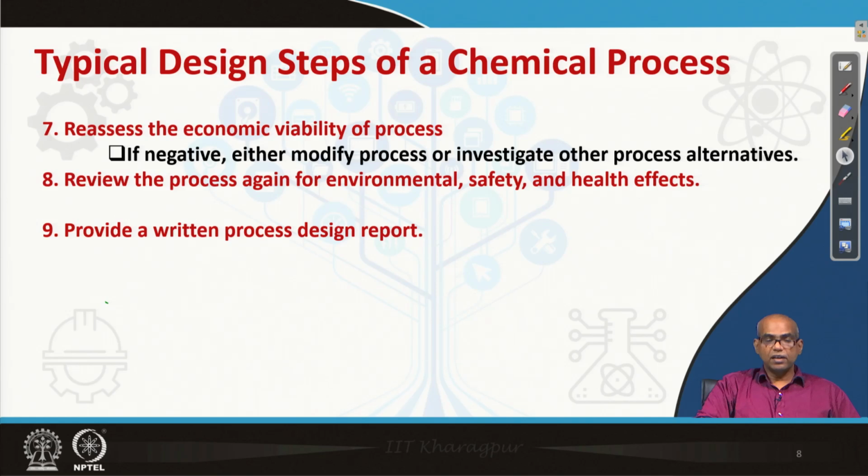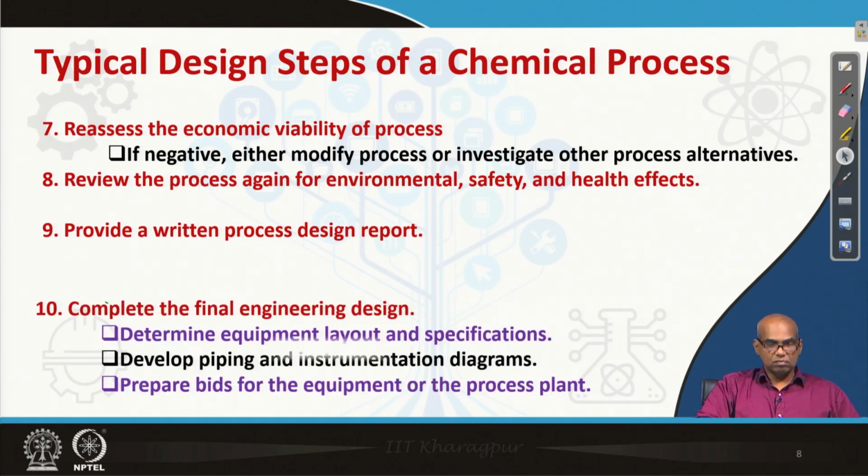Provide a written process design report. Complete the final engineering design, which involves determination of equipment layout and specification, development of piping and instrumentation diagram, preparing bids for the equipment or the process plant.